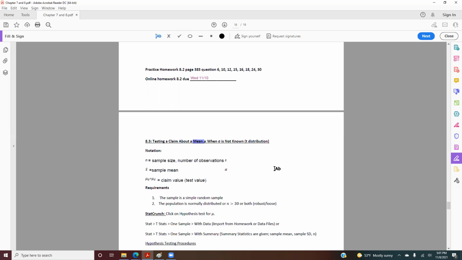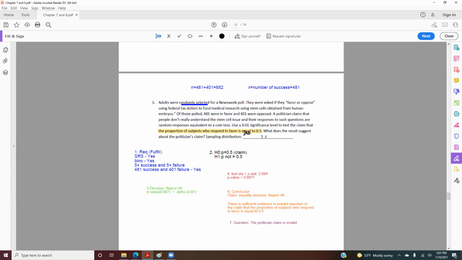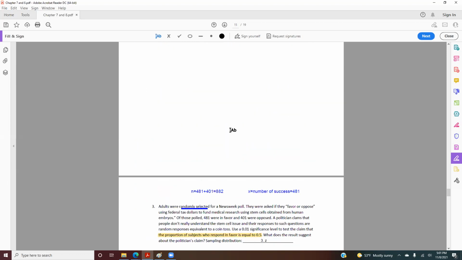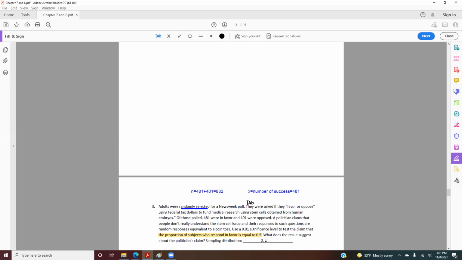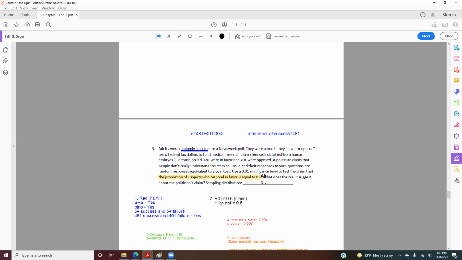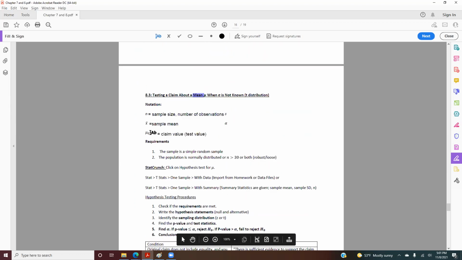Don't forget, this claim value or test value has to come from your claim statement. Remember last time, the equal to 0.5, more than 1/4. This 1/4, this 0.5, is what we call your claim value. That is written down as mu 0, or mu x bar. They are the same thing, so we call it the claim value.